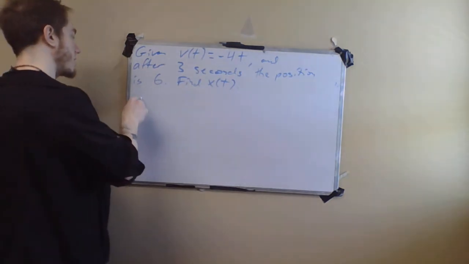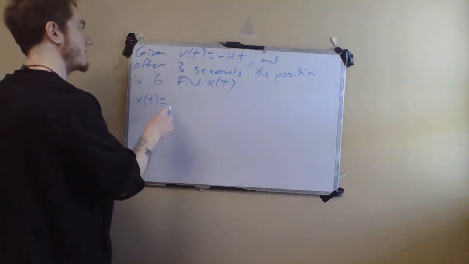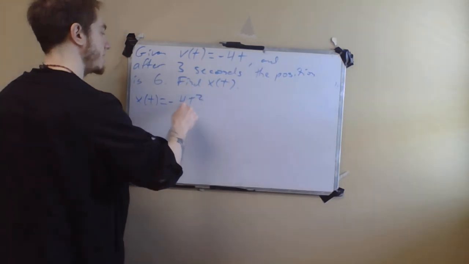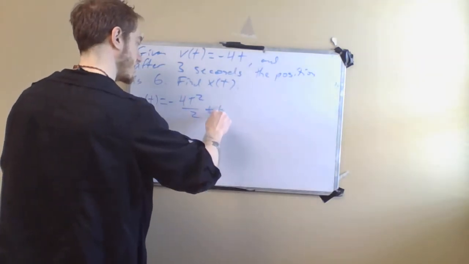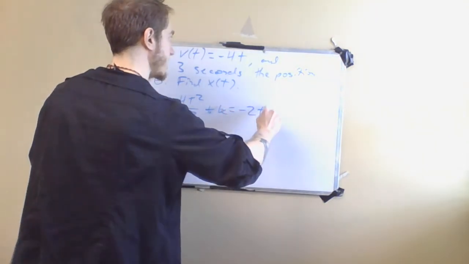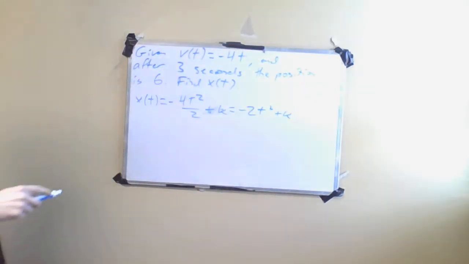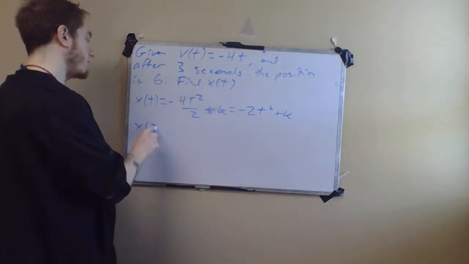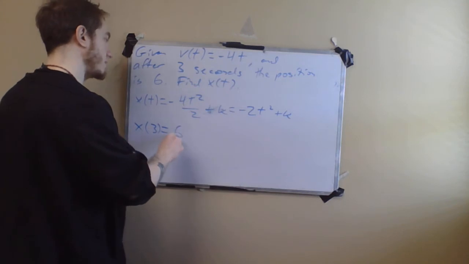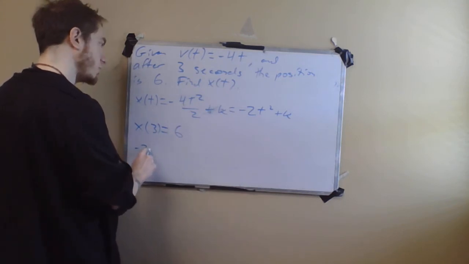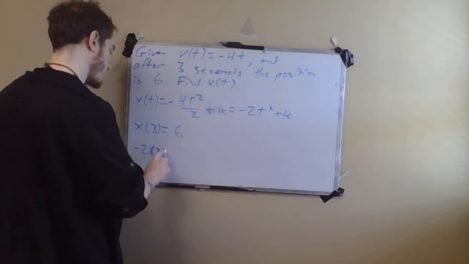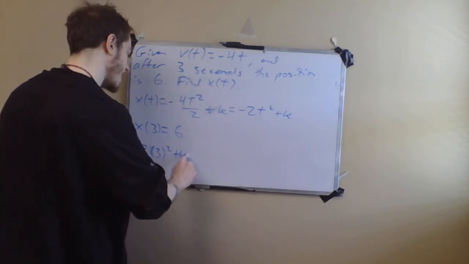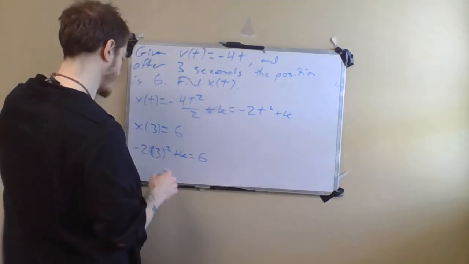Well, the answer here is that x of t is going to equal negative 4t squared over 2 plus a constant, which is, of course, just negative 2t squared plus k. The other thing that we know is that x of 3 should be equal to 6. That means negative 2 times 3 squared plus k should be equal to 6.